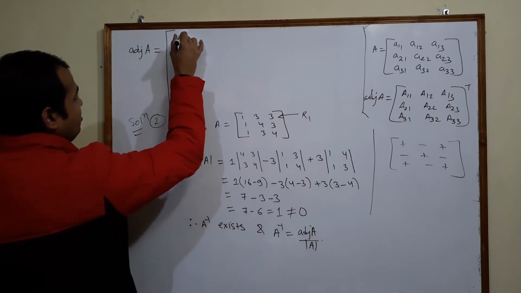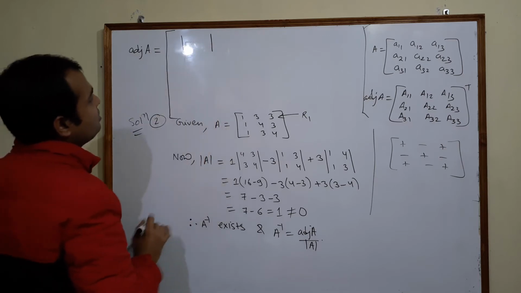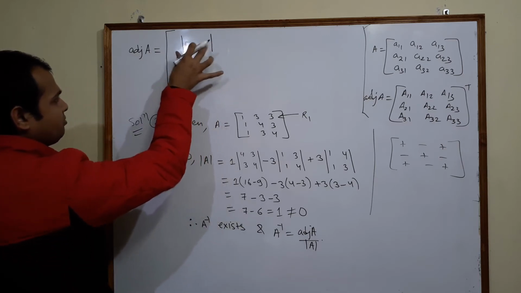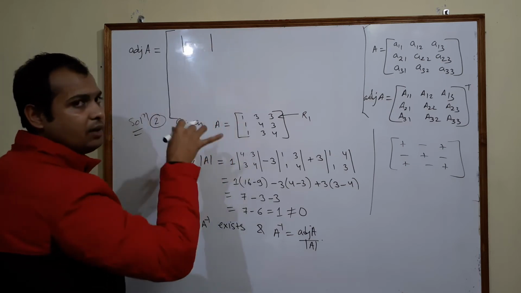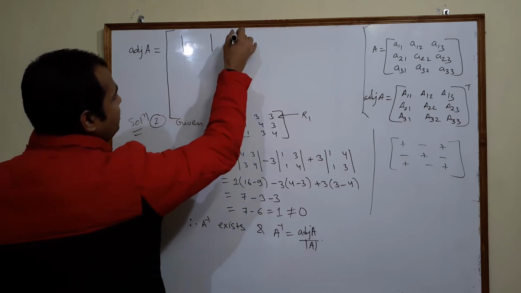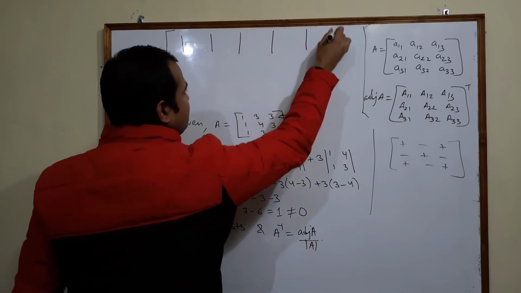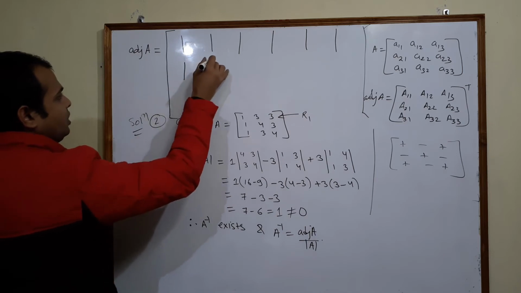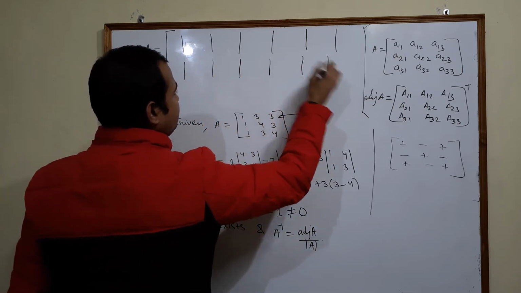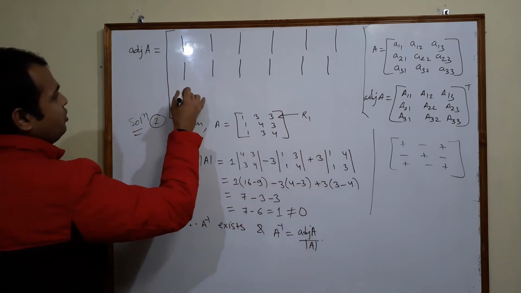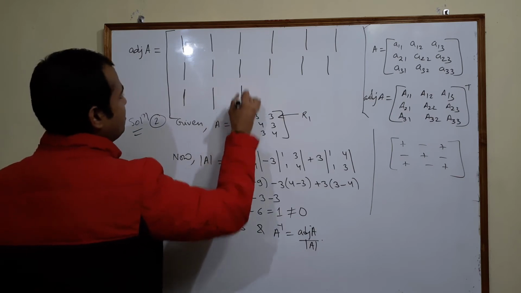So we'll make these parallel lines, 9 of them. Actually I'm trying to write the determinant, but right now I'm leaving it blank. You have to make 9 like this. Later we'll see this makes your work easy.